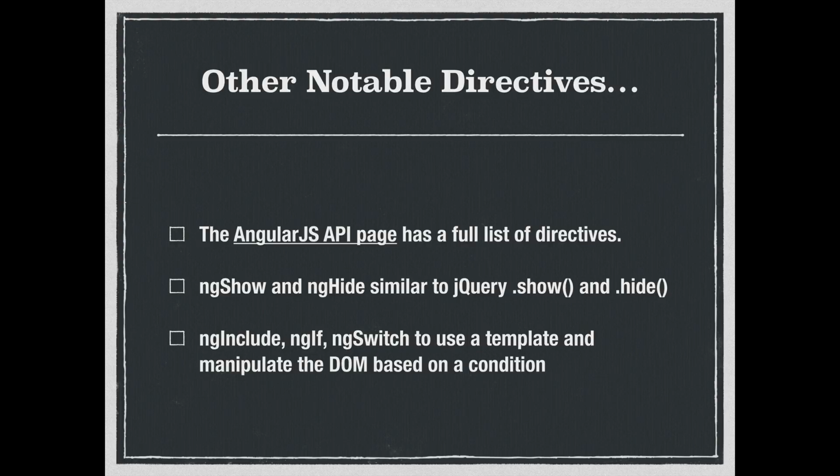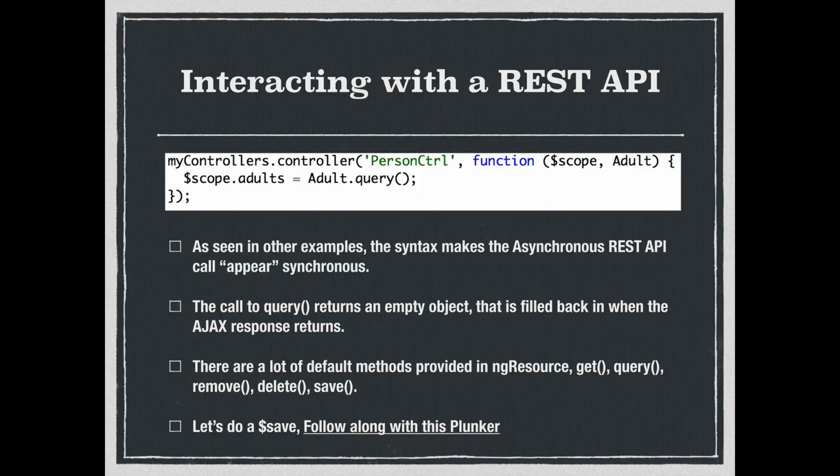So there's lots of stuff. There's no way I can cover them all in just this single presentation. But there's tons to look through, and I think you'll probably be pleasantly excited when you go through and see what kind of stuff AngularJS is going to make you capable of doing.